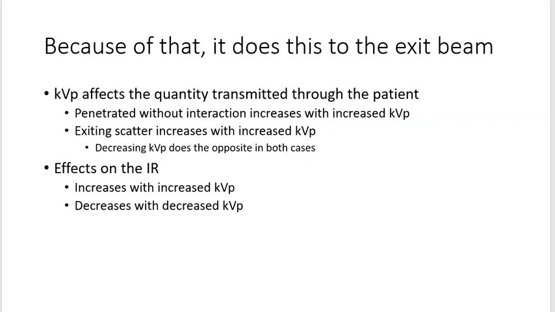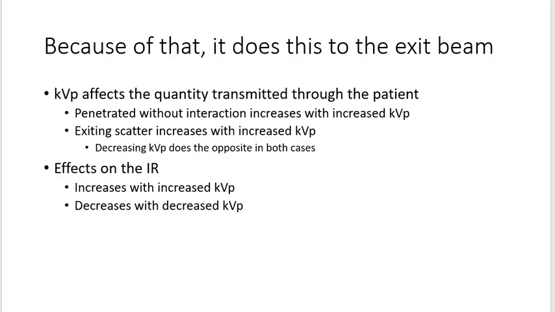Because of that, this is what happens to the exit beam. kVp affects the quantity transmitted through the patient. Since kVp controls your penetration, then kVp also controls the characteristics of the remnant beam. So if we have penetration without interaction, what's going to affect that more than anything else is kVp.